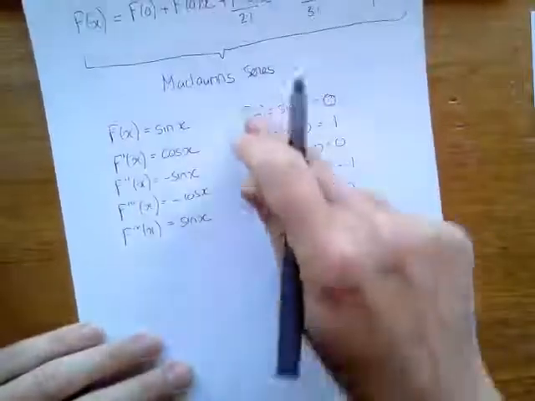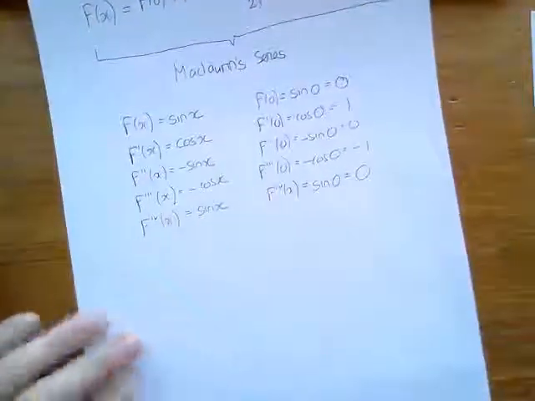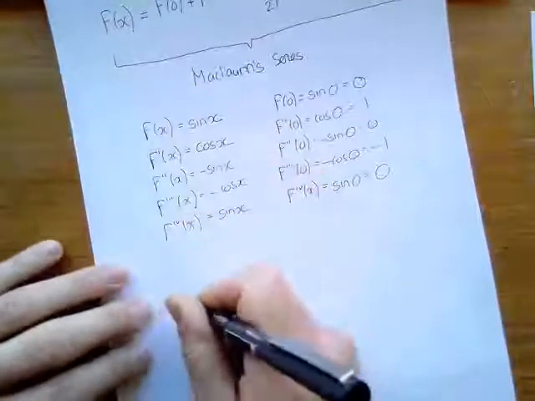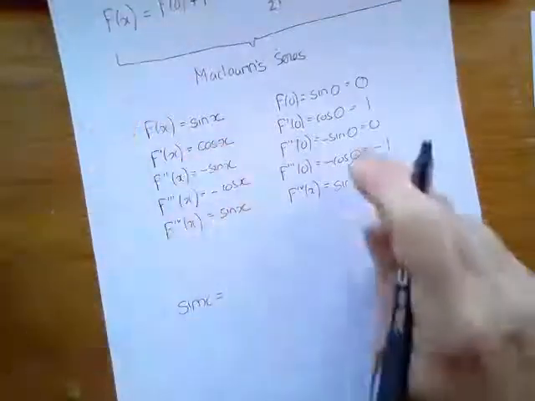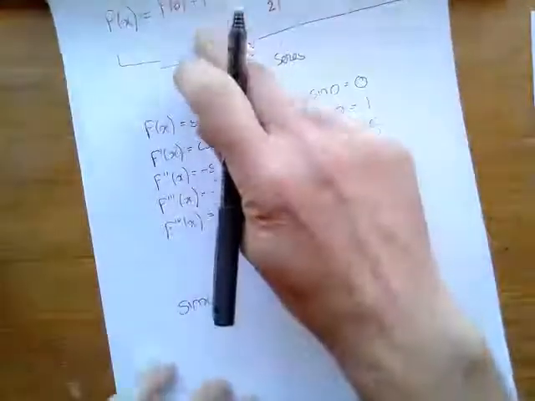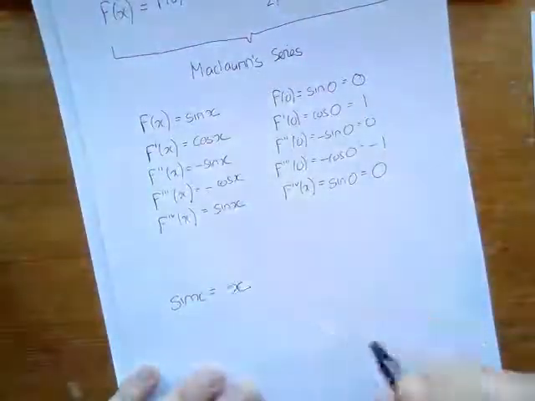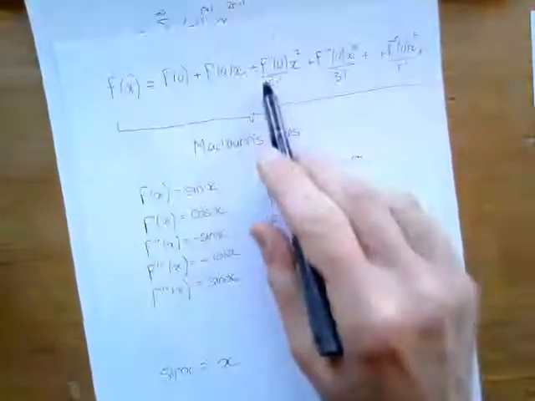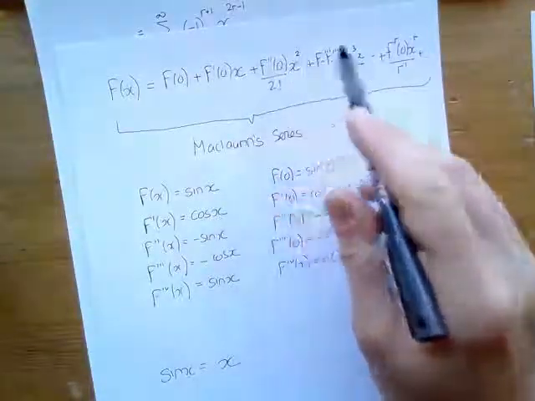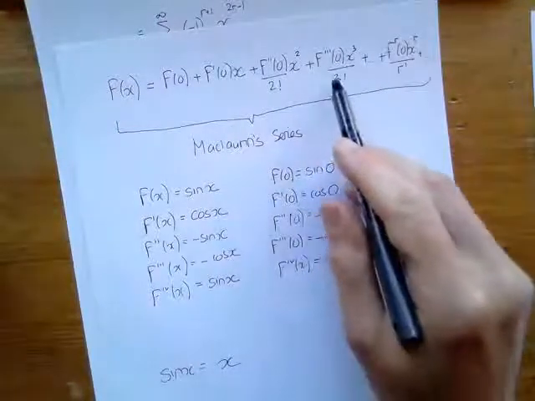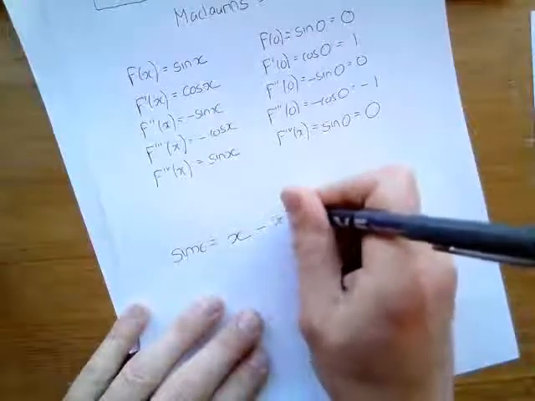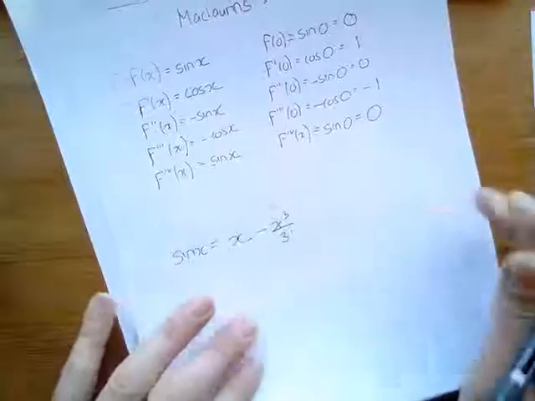In other words, if I sub these values back into here, I get that sine x is equal to f of 0, which is 0, plus f dash 0 times x, which is just x. And then there's no term for the x squared. And then the x cubed is going to be minus 1 x cubed over 3 factorial, or minus x cubed over 3 factorial.